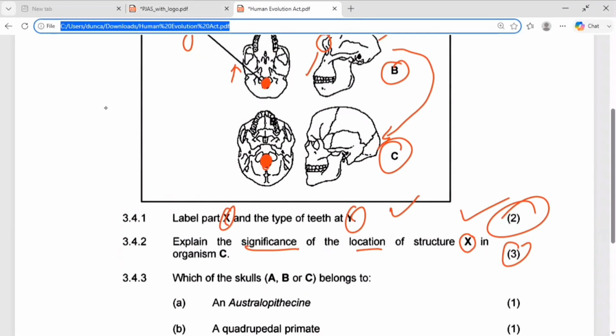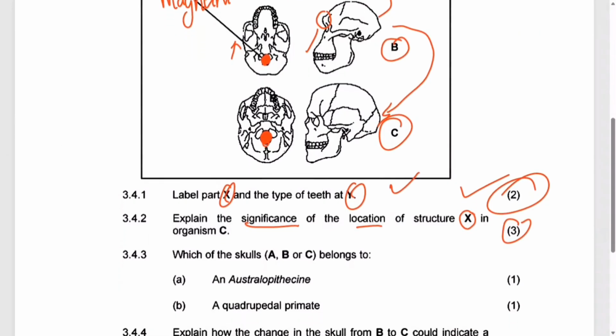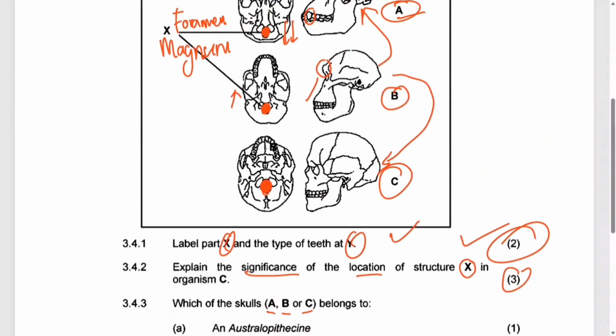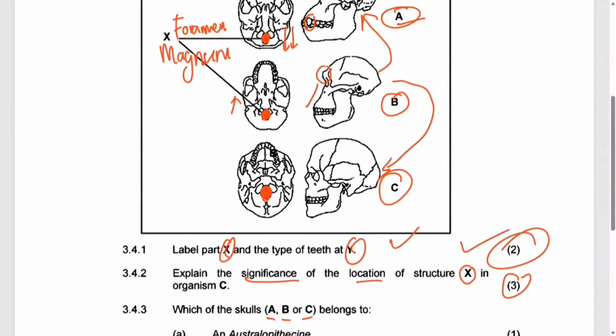Alright. So now here they say, which of the skulls A, B, C belongs to an Australopithecine. If you listened initially, when I was trying to show you, B is an intermediate fossil, meaning that I said it shows a mixture of ape-like features and Homo species, meaning that it is a transitional fossil.